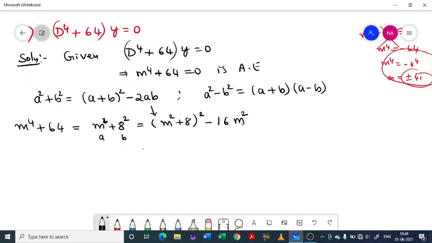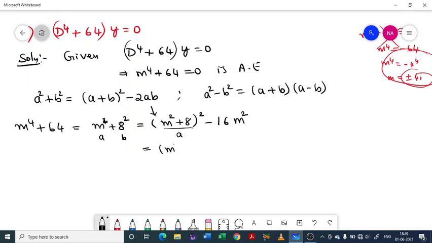Right, so again in place of a you have m square plus 8, in place of b you have 4m.